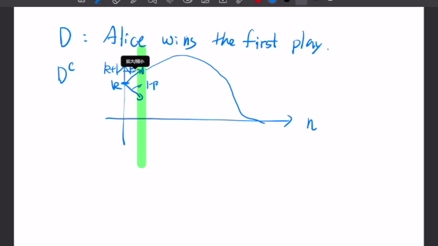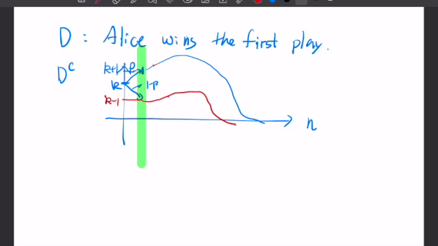And so that's one possibility. And the other possibility is that starting from k minus $1, if Alice loses the first play, then we start from k minus $1, then calculate the probability of ruin from that point. And the original probability of ruin starting from k dollars is the sum of these two probabilities, right?